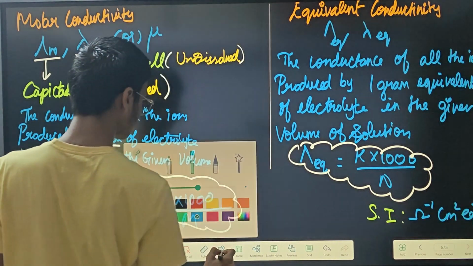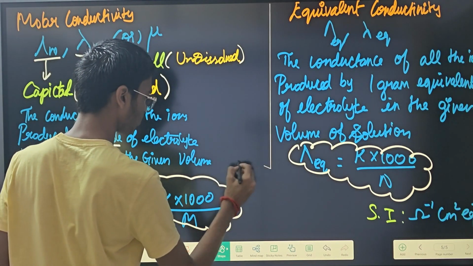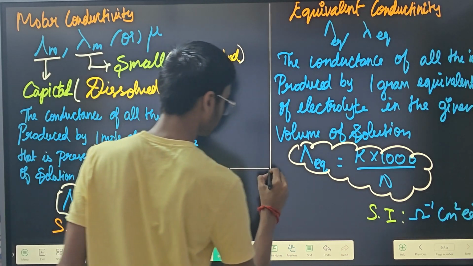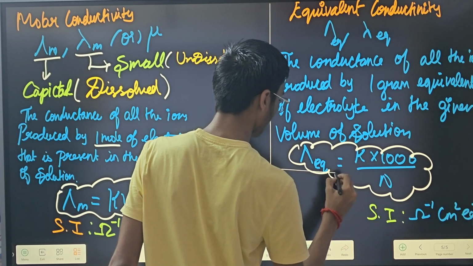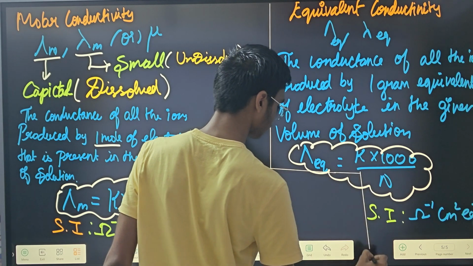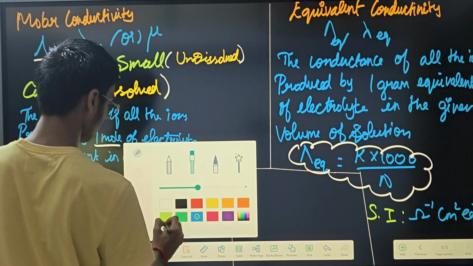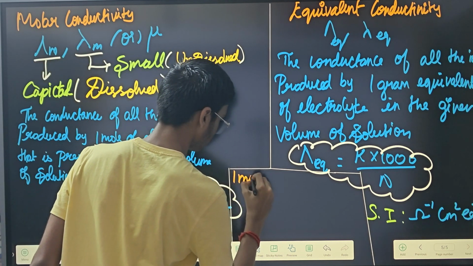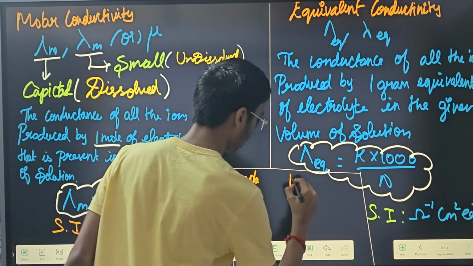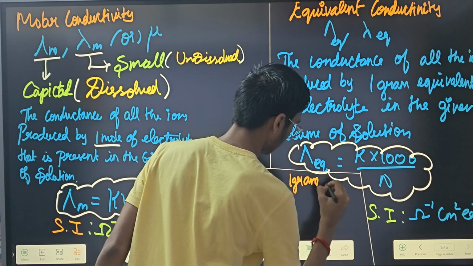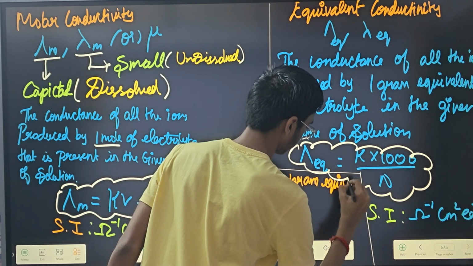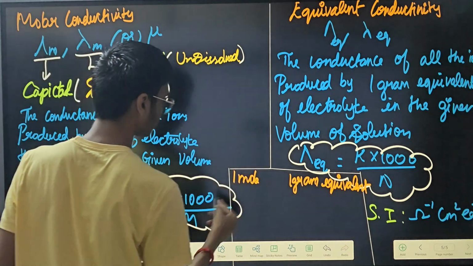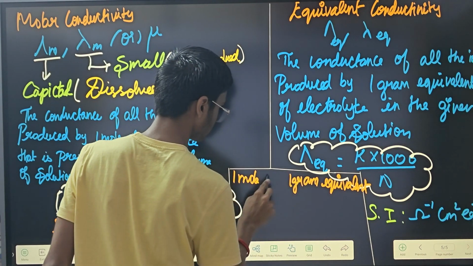Here in this space we are going to see their common parallel points and their relationships. First, here you have written 1 mole, and here you have written 1 gram equivalent. This is the conversion.